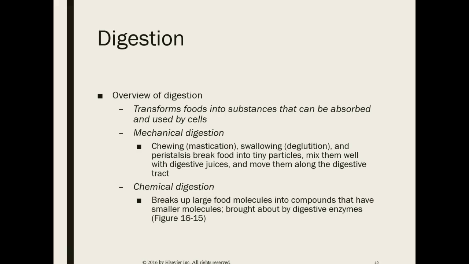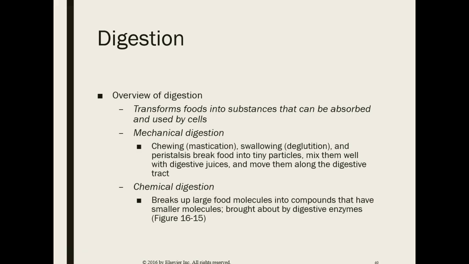Those two different types that we mentioned before, mechanical digestion and then chemical digestion. So mechanical is chewing or mastication, swallowing or deglutition, and then peristalsis, which is going to break the food into tiny particles.